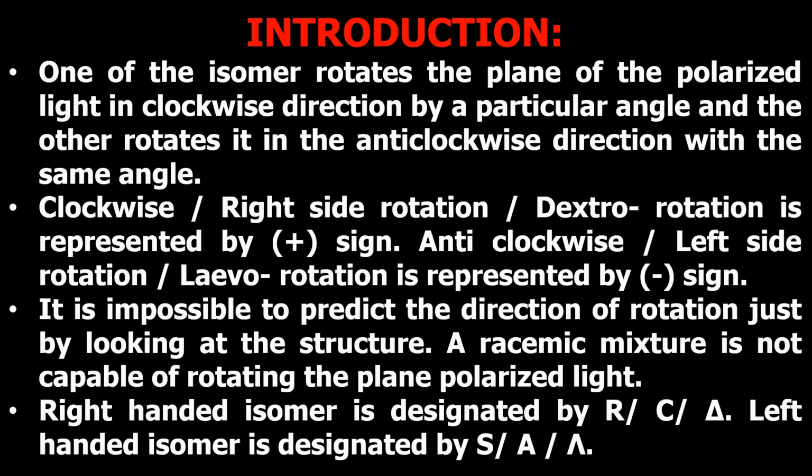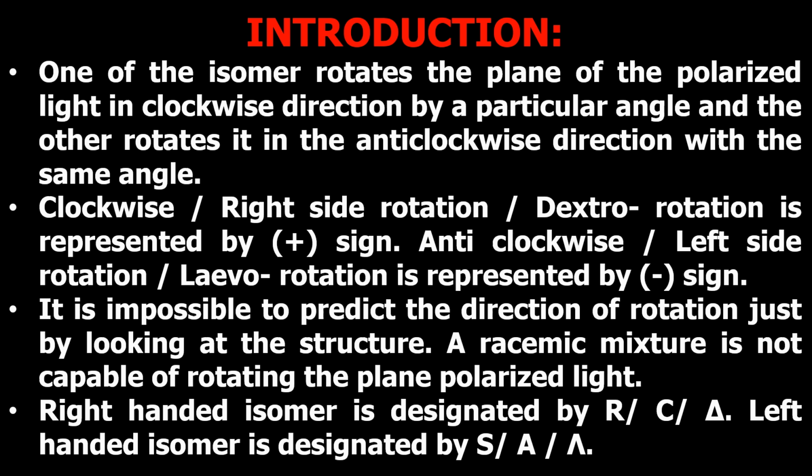We'll look at the structure, and if the structure suggests that it is right-handed, then we will call it either R, which is similar to the RS configuration in organic chemistry, or we will call it C, which stands for clockwise, or we will call it delta, which is about the dextro-rotatory. Delta is D and dextro is also D. If the structure is left-handed, then we call it either S, or we denote it by capital A, or we denote it by lambda, which stands for left.